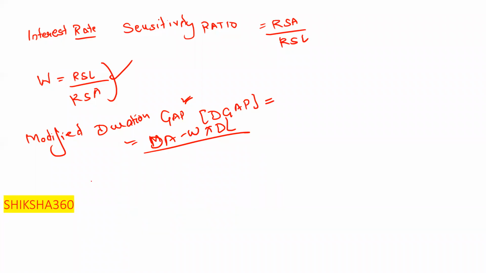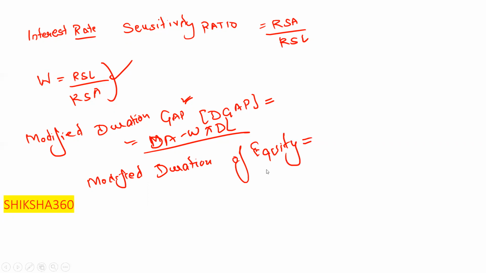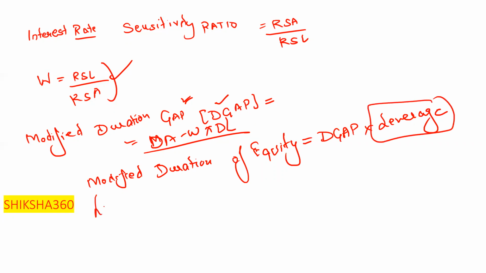Next is modified duration of equity. Sometimes they will ask these terms directly. Modified duration of equity is equal to DGAP into leverage. We know DGAP is DA minus W into DL, and leverage is equal to RSA upon equity.